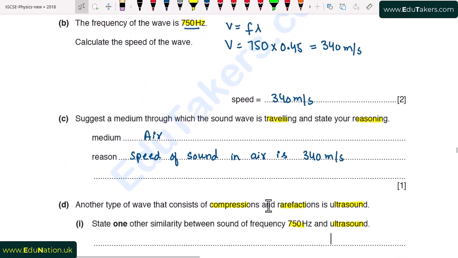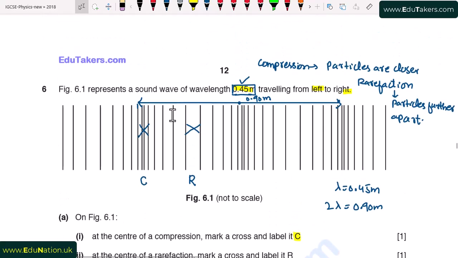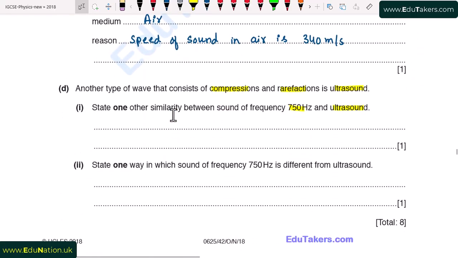So first of all, the frequency of the wave is given as 750 and we have to show the similarity between this wave and the ultrasound wave. It is given that it is a longitudinal wave because it consists of compressions and rarefactions. Ultrasound wave also consists of compressions and rarefactions. So both of these waves are longitudinal. I write here, both are longitudinal waves.